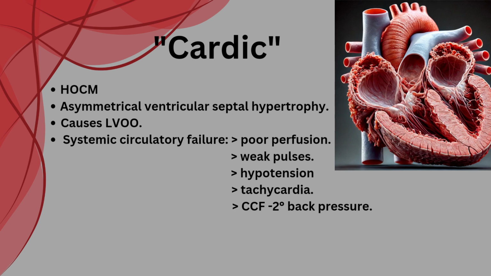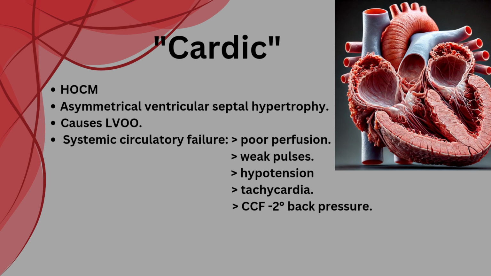So when this happens, the left ventricular septum becomes so thick that it comes close to the aortic valve, or it narrows the aortic valve, and also it decreases the size of the left ventricle. So if the narrowing of the aortic valve becomes significant, we usually say this causes a left ventricular outflow obstruction.